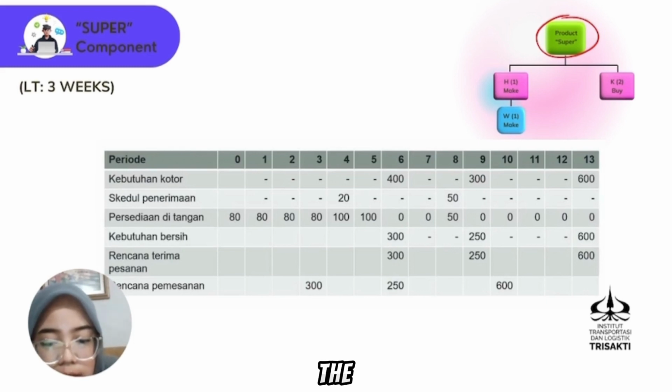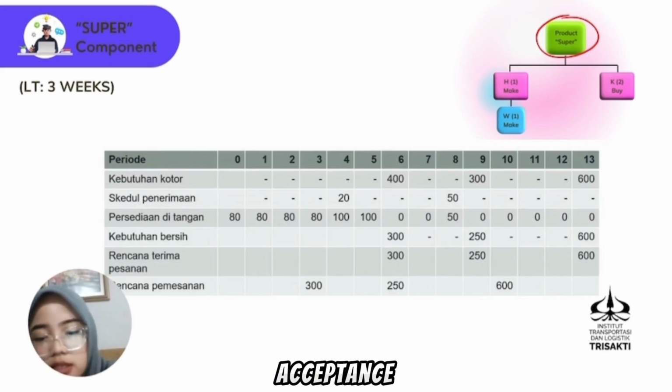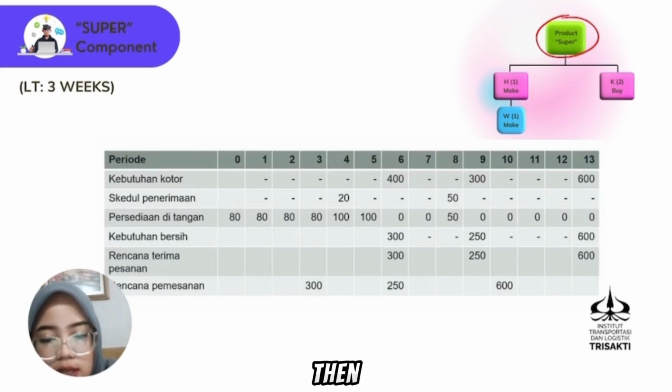So if at the beginning you have 80 inventory, then you add 20 new inventory items. The fifth period has no gross requirement and no receipt schedule, so it is still written as 100.